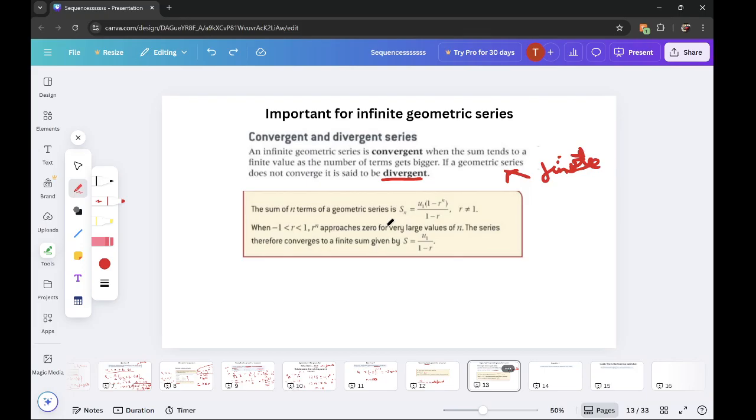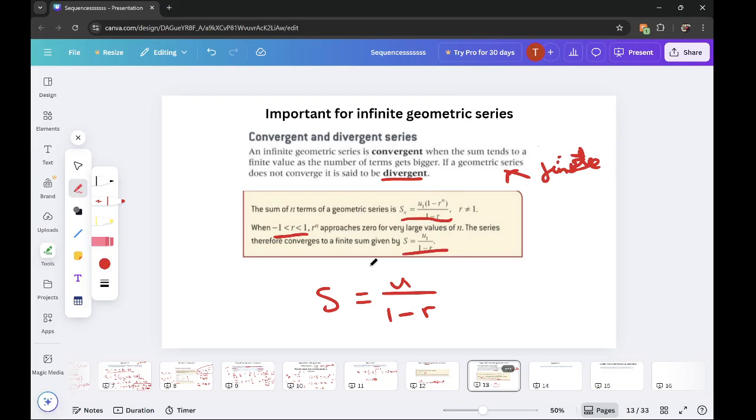And this formula is for finite. So the infinite series, the one with this limited domain, is this formula right here. S is equal to u1 over 1 minus r. This is for an infinite series.